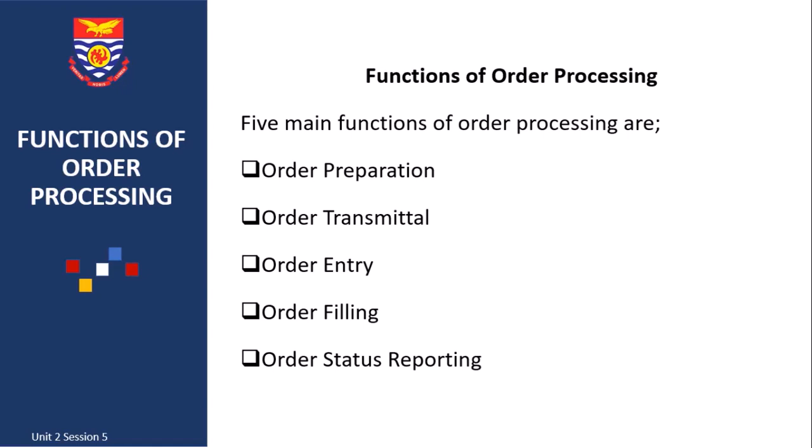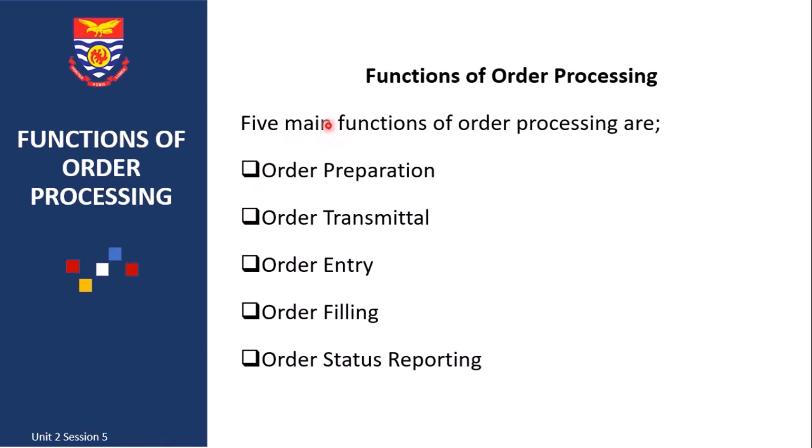So when the warehouse receives customer orders, let's say a customer places an order for a given set of goods, they undergo certain processes or they undertake certain activities on those received orders, which is otherwise known as the functions of order processing.